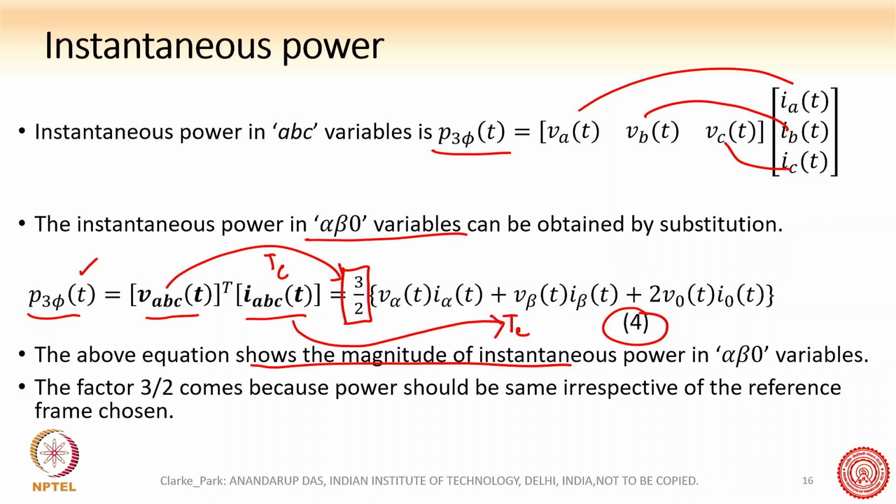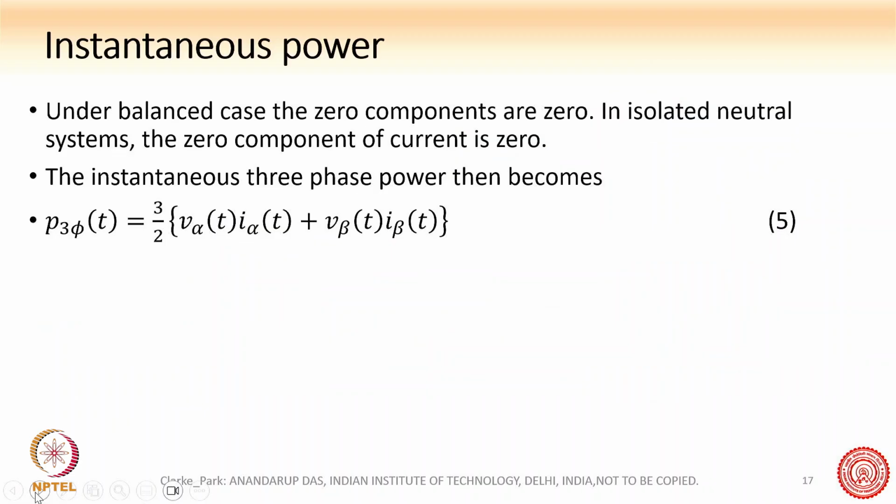But now we have used a magnitude invariant transformation, and so this 1.5 or 3/2 comes in between the two systems, alpha beta 0 and ABC. Of course, under the balanced case the 0 components are 0, and therefore the instantaneous three-phase power becomes this, which is the equation of the power in alpha beta.